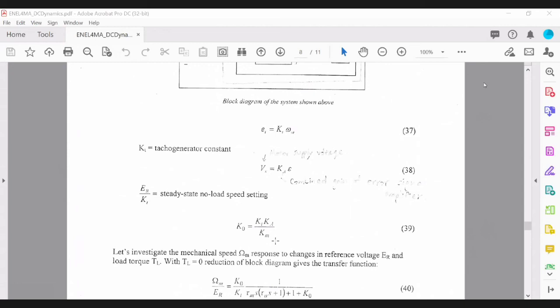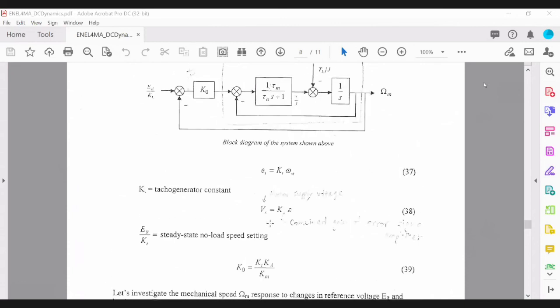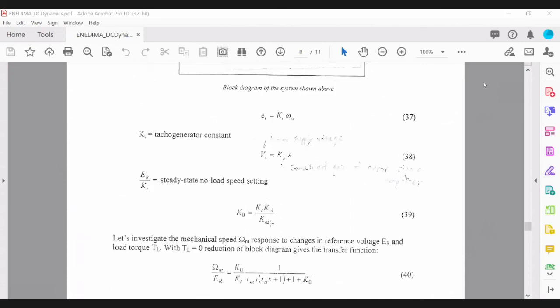Because KT is the constant of the tacho generator, you can't change it. Ka is the factor that you can increase or decrease, and that will allow you to determine what kind of response you have on your speed control system.